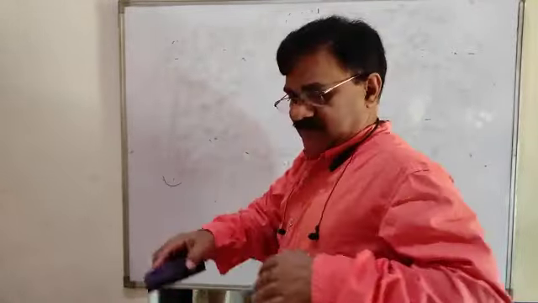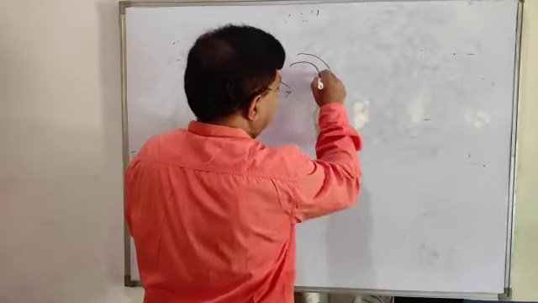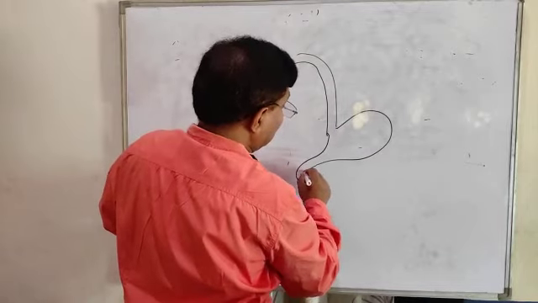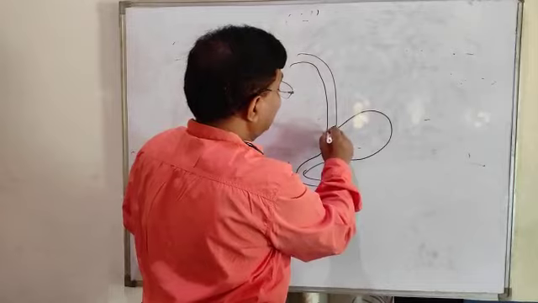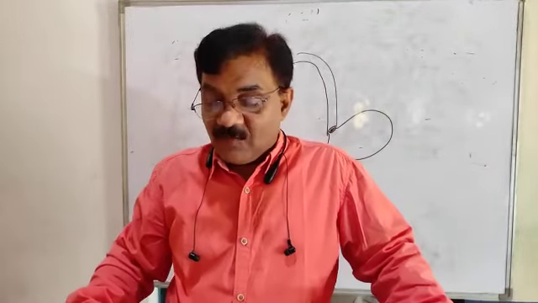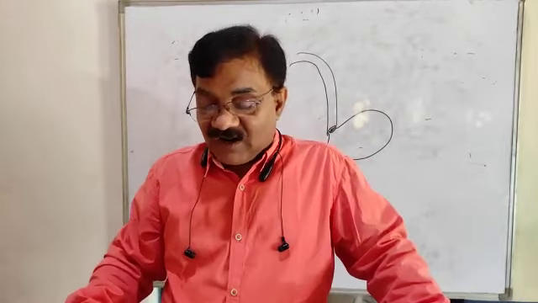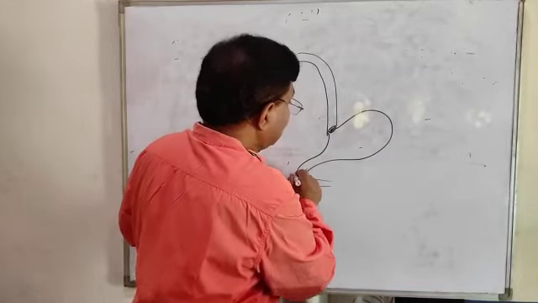See here, this is the stomach, and this esophagus opens into the stomach. Here also it goes to the small intestine. Here one circular muscle is there, at the opening of the stomach into the intestine, and here also one circular muscle is there.